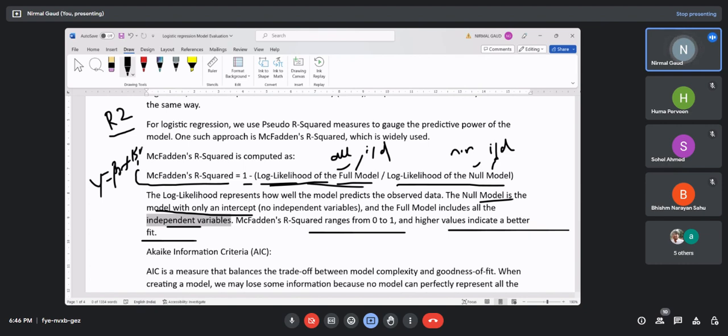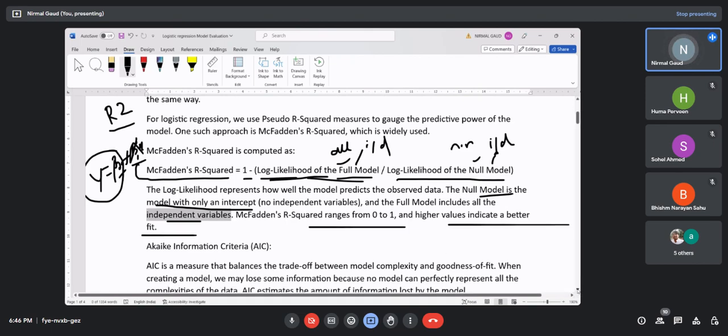So we are not going to have this beta 1 x and beta 2 and so on. I am only available with the intercept, that's it. So your sigmoid function will be 1 upon 1 plus e to the power minus beta naught, that's it. That will be called a null model. And if you are going to include other features also, then it will be the full model. This is how we calculate the R square.